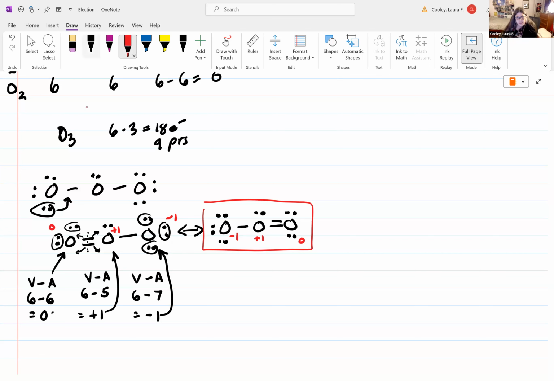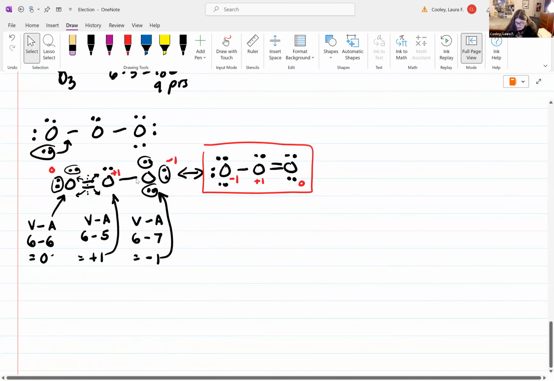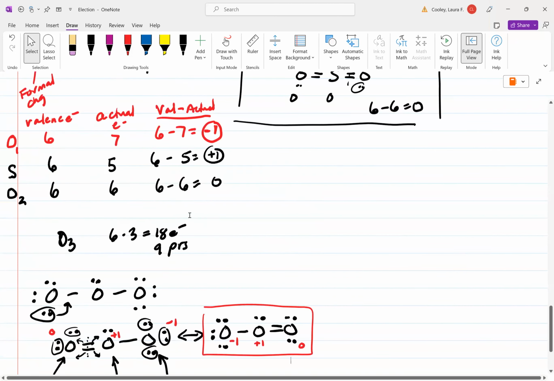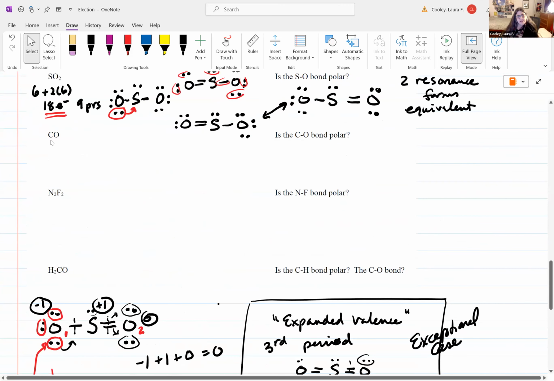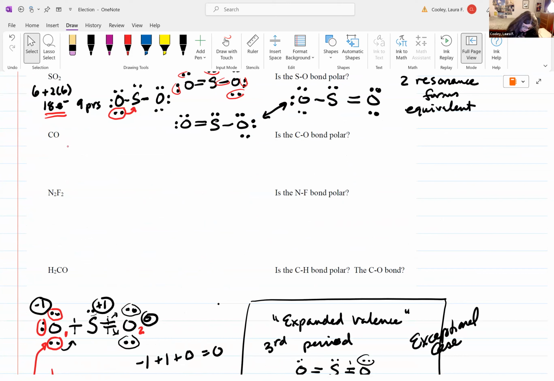All right, let's do another one. Questions about that? No, that was good. Okay, good. Let's look at, how about CO? How many valence electrons on carbon? What group is it in?